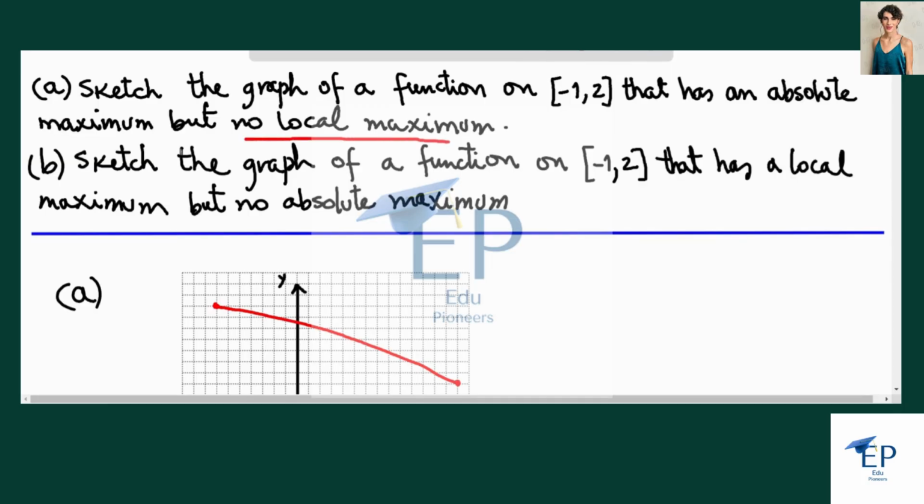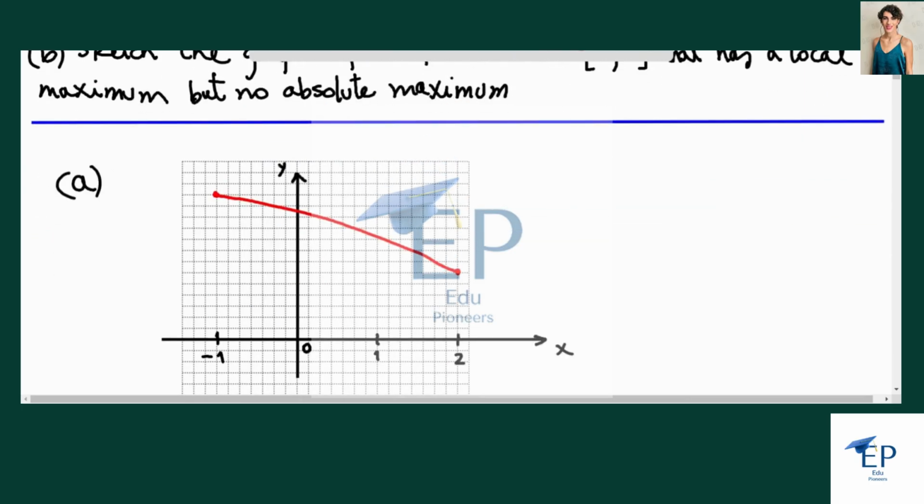There is no local maximum, and we have an absolute maximum because that happens here at that point. That is, the absolute maximum is the image of -1. But there is no local maximum because this value, which is the absolute maximum, occurs at the left endpoint, so it cannot be considered a local maximum.